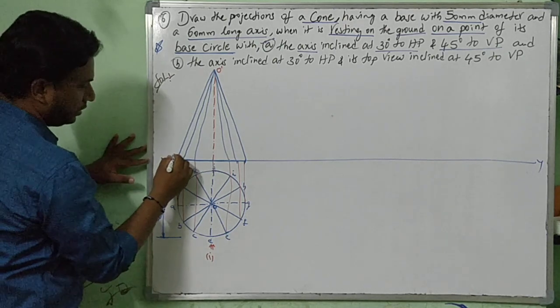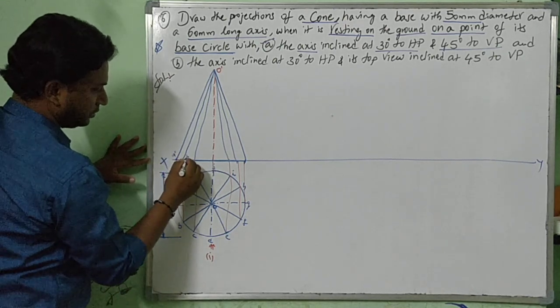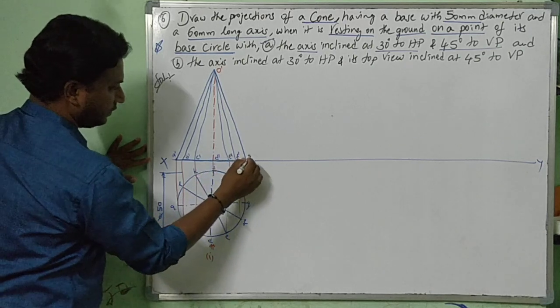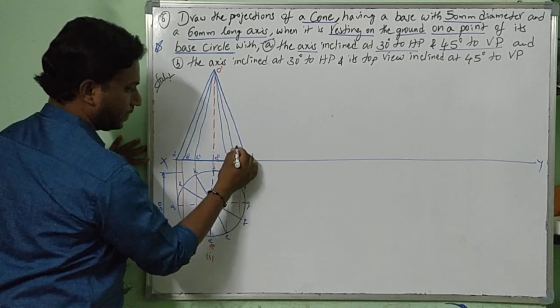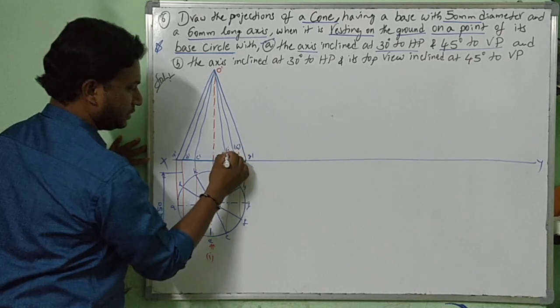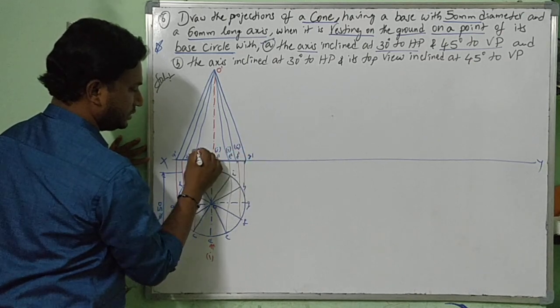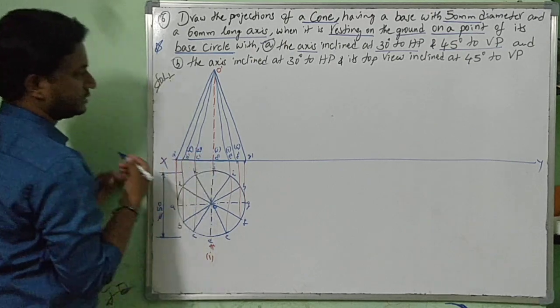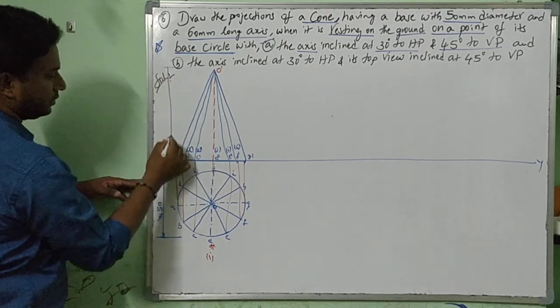Now here A dash, B dash, C dash, D dash, E dash, F dash, G dash, brackets H dash, I dash, J dash, K dash, L dash, brackets. Axis height.